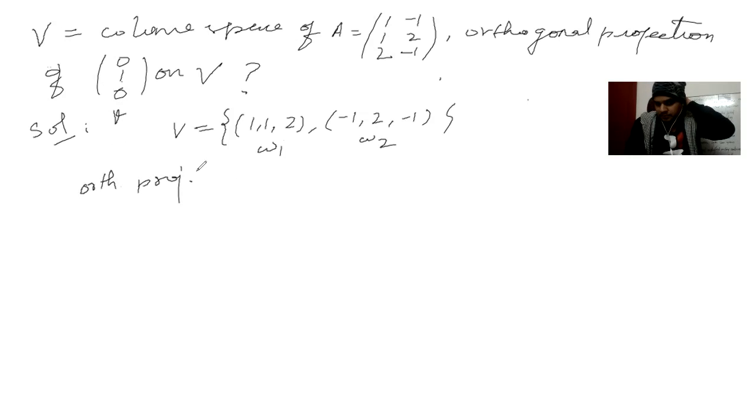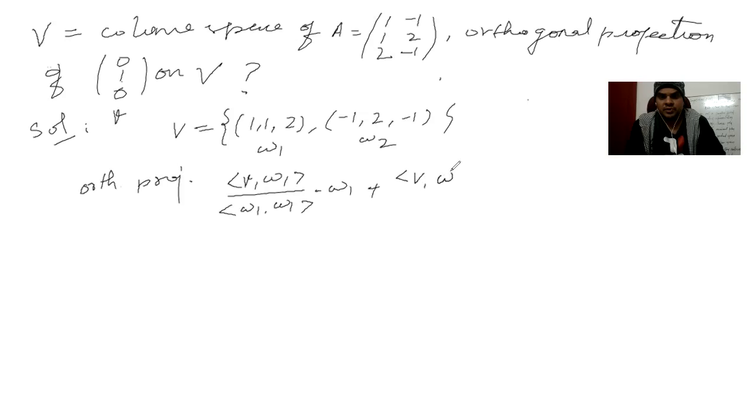Then the orthogonal projection will be, we'll talk about the inner product. The inner product of v and w1 upon inner product of w1 with w1, into w1, plus inner product of v and w2 upon inner product of w2 and w2, into w2.